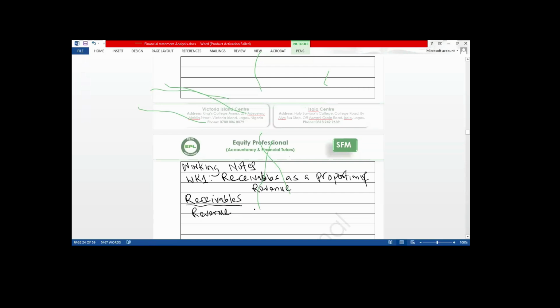Examiner says this ratio will remain unchanged. So we are going to compute for 2017. Receivables for 2017, 14,700. Revenue for 2017, 81,000. Please compute this ratio. You should have 0.1815.